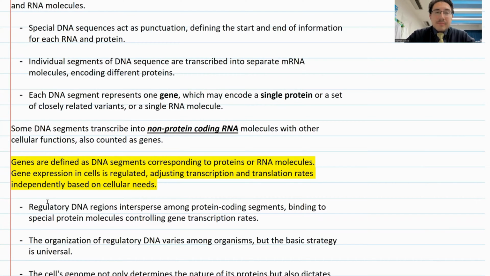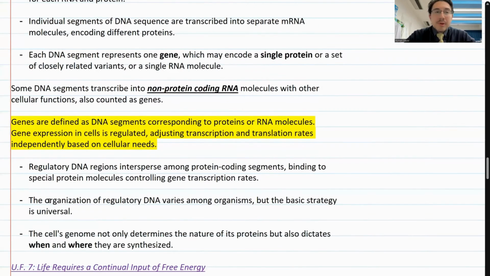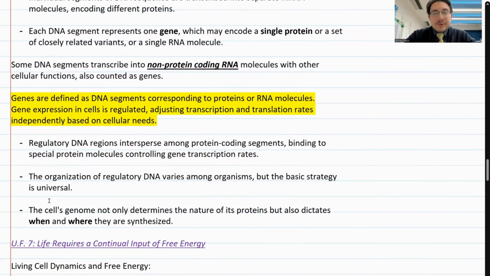And these gene sequences are basically individual segments that can get transcribed into separate mRNA molecules that will produce that protein. Now, for simplicity's sake, right now, each DNA segment represents one gene, which could encode a single protein or some closely related variants.